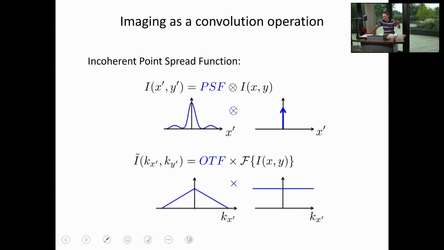And so we just take the coherent point spread function squared and then add up the intensities in the image plane. And so we just call that the so-called incoherent point spread function, we just call it PSF, and the corresponding frequency support is called the optical transfer function.